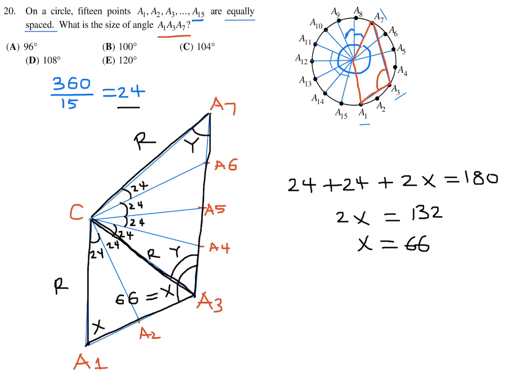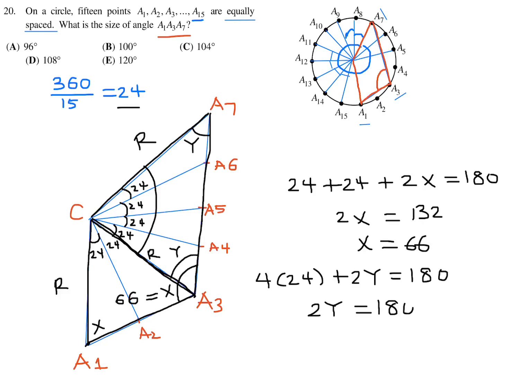All of these are basically 4 times 24 plus 2y is equal to 180. So if we solve, we get 2y is equal to 180 minus 96. 2y is equal to 84, and therefore y is equal to 42. All right? So this y is equal to 42.